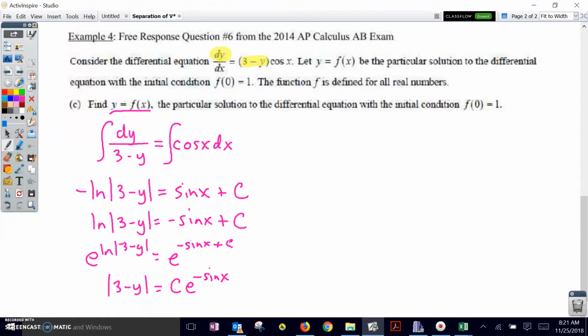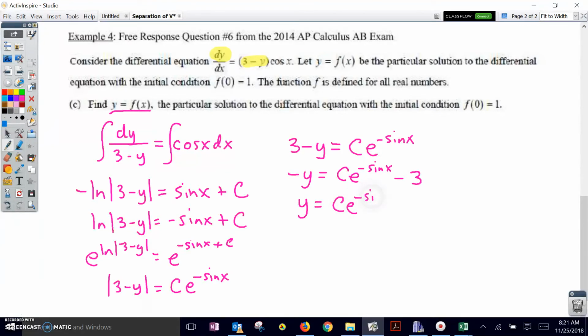Alright, now I'll absorb my absolute value into my constant. I've got 3 minus y equals constant times e to the negative sine of x. And then I need to solve this for y. So I'll subtract 3 from both sides, and then I'll multiply both sides by negative 1 to get y by itself. And now we have yet another different constant there.